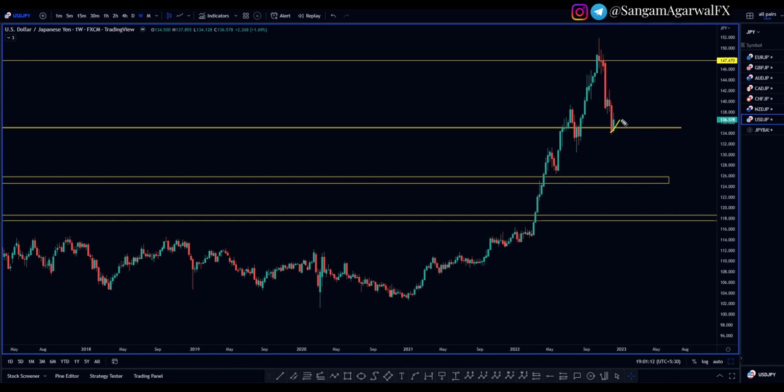In that condition you can expect this pair to make a sideways correction in the first 3 months or 6 months, that means first and second quarter of next year, then drops hard. That will be the beginning, but that will be clear confirmation for the next bearish trend of the dollar, because here we have clear information: the monetary policy of the dollar, that means Fed, and the monetary policy of JPY, that means Bank of Japan.